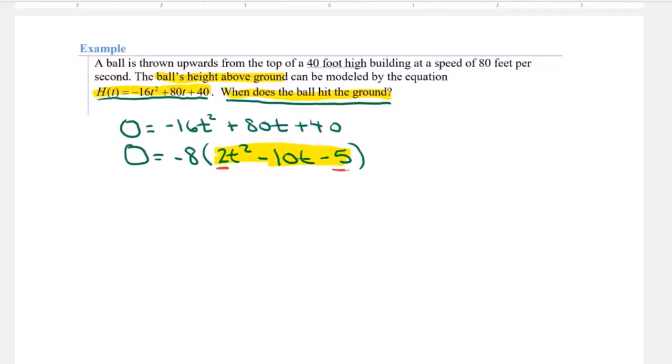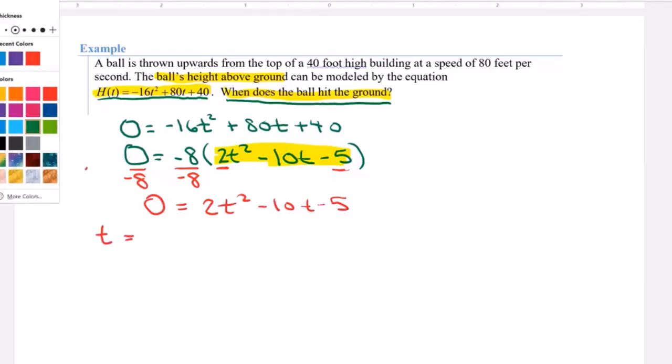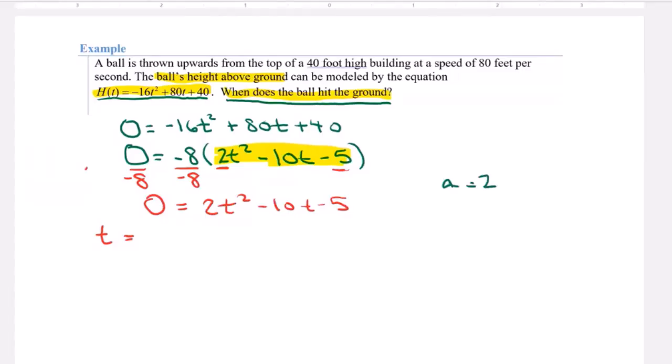But I can, first step, divide both sides by negative 8. And I get 0 equals 2t squared minus 10t minus 5. And now I can just plug this directly into the quadratic formula. Because it equals 0, I can say t is equal to, and over here I'm going to write a equals 2, b equals negative 10, and c equals negative 5.